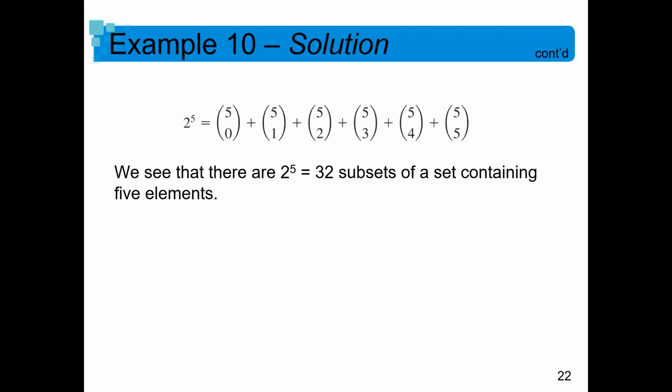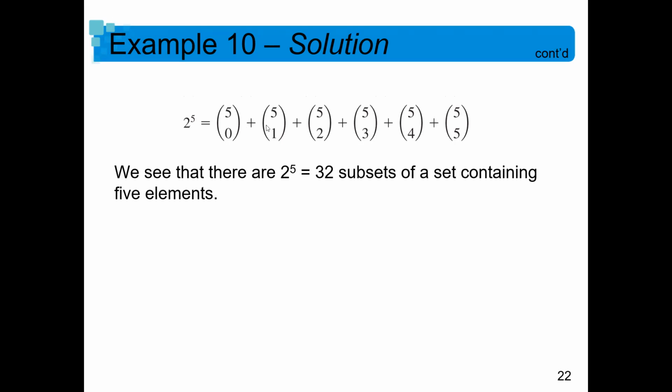And if we evaluate 2 to the fifth, that is equal to 32. So we see that there are 2 to the fifth equals 32 subsets of a set containing 5 elements. And we have actually derived the formula. So given a set, if we want to count how many subsets there are, we just evaluate 2 raised to the n, where n is the number of elements in the set.